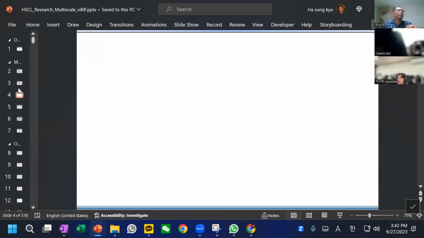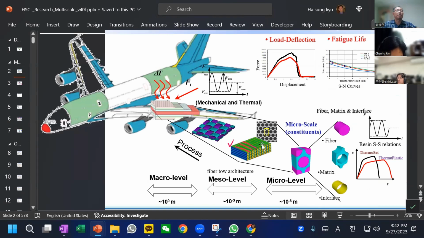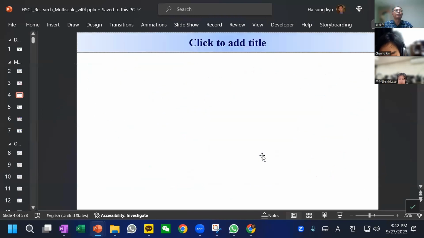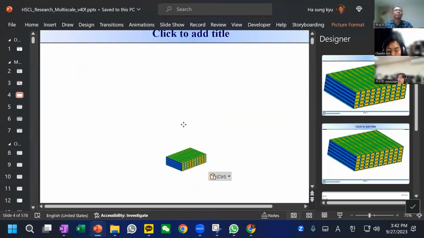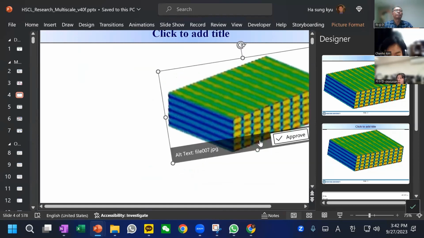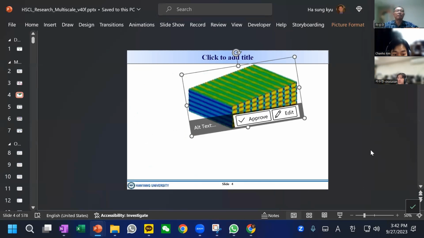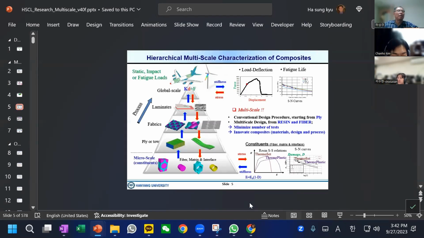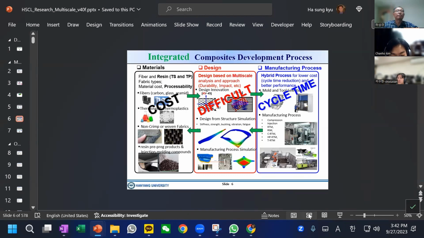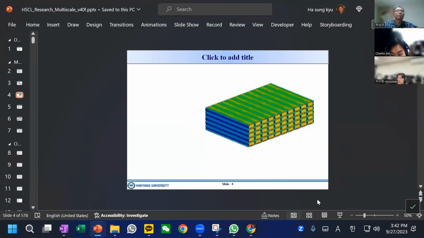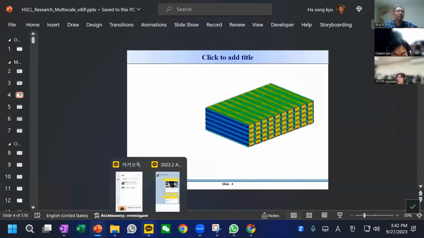I'm going to use the previous pictures again. But it just represents the one prepreg.